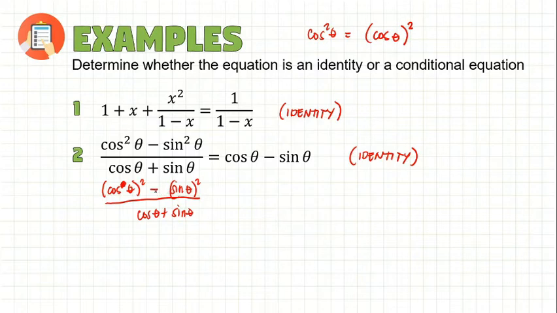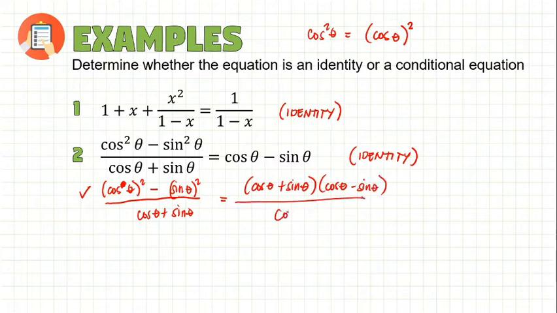So from that, the expression in our numerator is actually a difference of two squares, so we can factor this one. So we have cosine theta plus sine theta times cosine theta minus sine theta, right? All over cosine theta plus sine theta. So from that, this will be cancelled out.